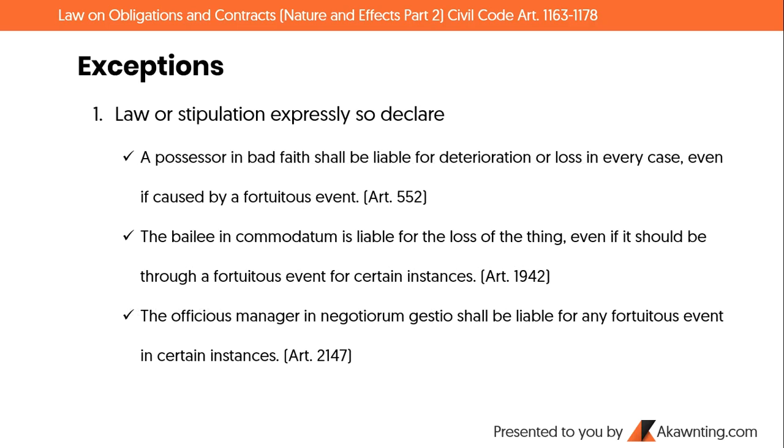So number 1, the law or stipulation expressly so declares. In this case, under number 1, there are certain cases wherein even if there is a fortuitous event, the debtor is still liable. So for example, a possessor in bad faith shall be liable for deterioration or loss in every case, even if caused by a fortuitous event.